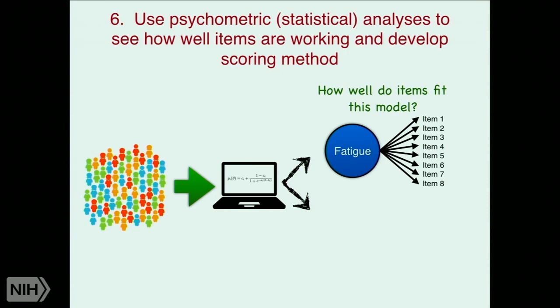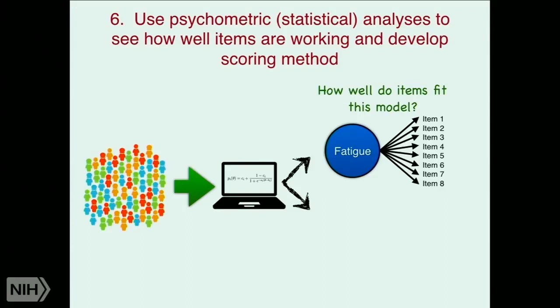Or are some of these items really not hanging well with the other ones? And it may be that they're measuring something a little bit different than fatigue. Right? We do those psychometric analyses to see whether our items are behaving, working the way we thought they would work, to be telling us something about this common thing we're calling fatigue.